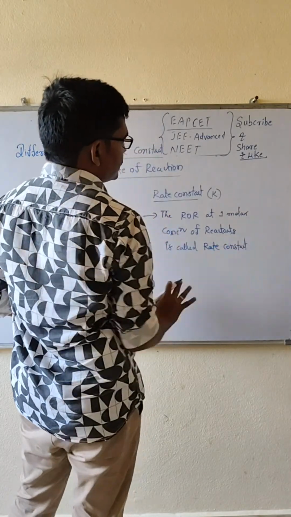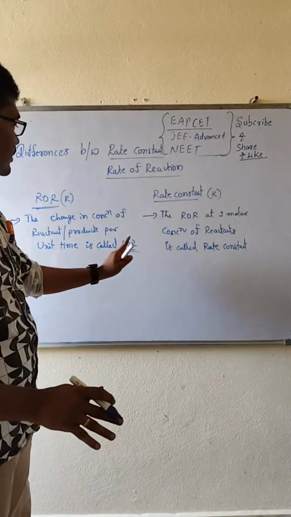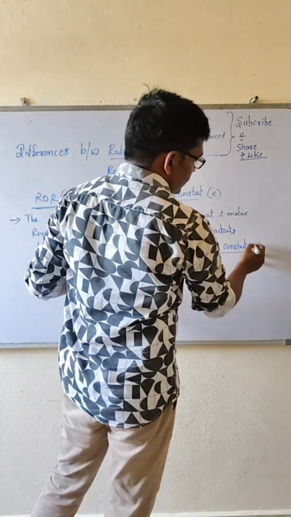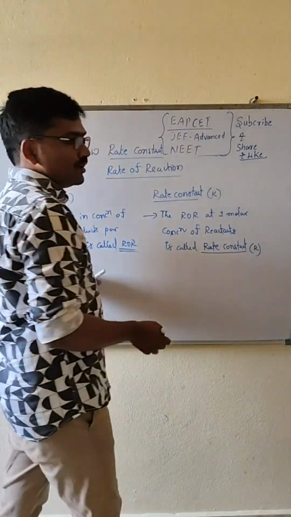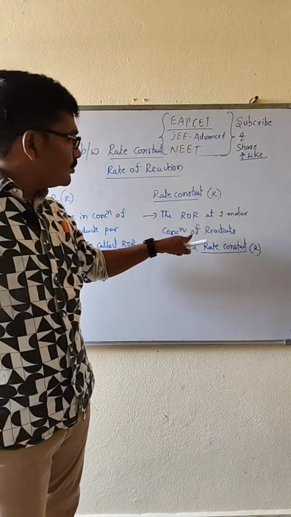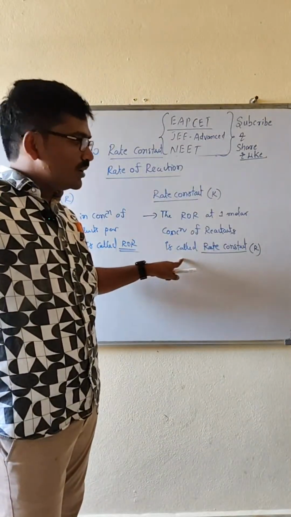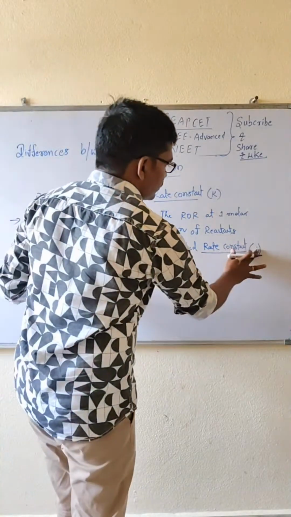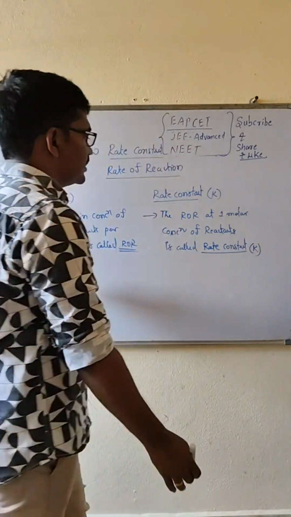Okay, this is the difference in the definitions. Clear, my dear students? Rate constant is also called the specific rate. The rate of reaction at 1 molar concentrations is called the rate constant K. We have to represent it like this.